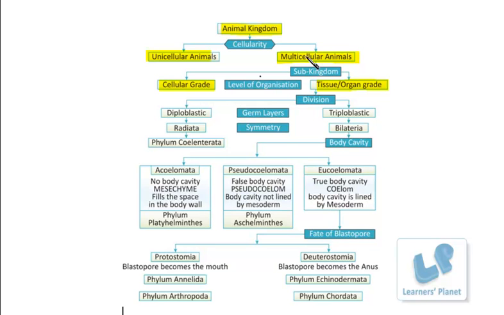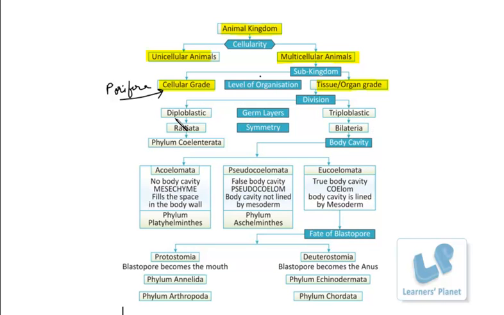Such a group with the cellular grade of organization is the Porifera. Next, if it shows tissue or organ grade organization, then whether development takes place from two germ layers or from three germ layers. So these organisms can be diploblastic or triploblastic.